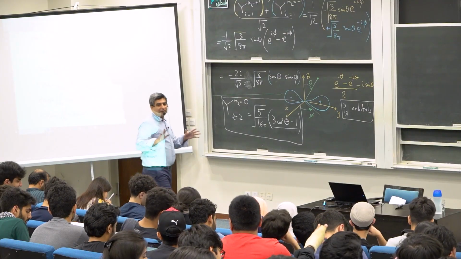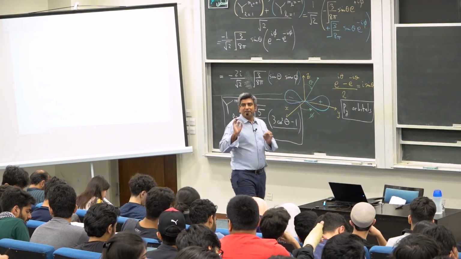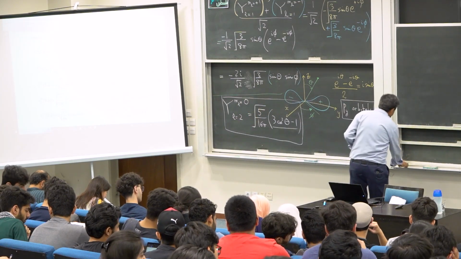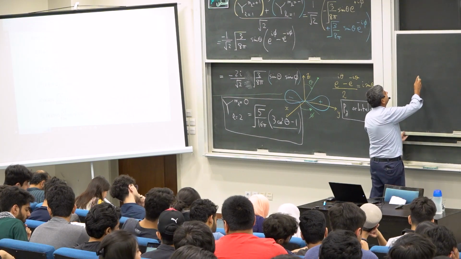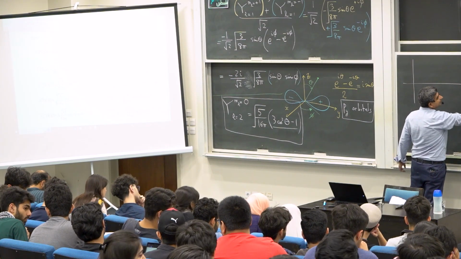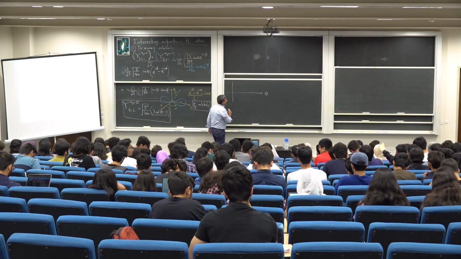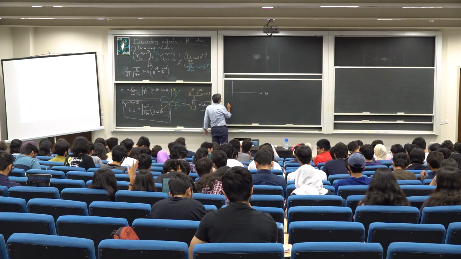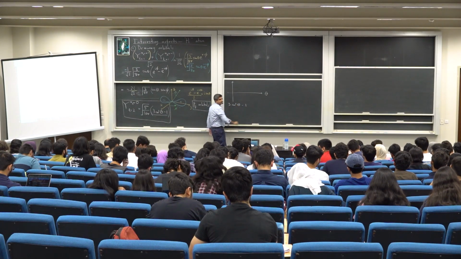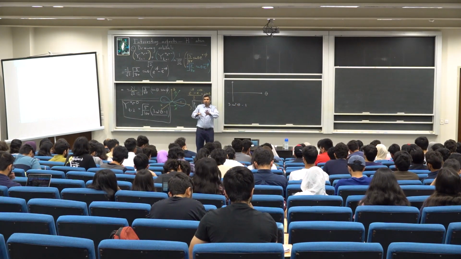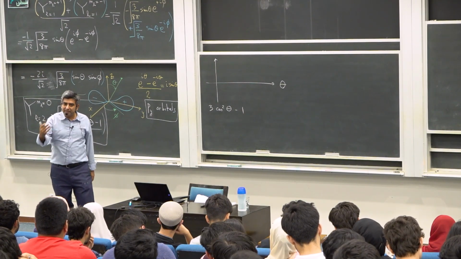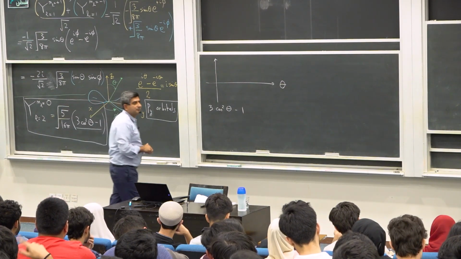What I would do first is, first of all, I would like to make a graph between theta and 3 cosine squared theta minus 1 and see how this function changes with theta. That will enable you to draw the polar plot.